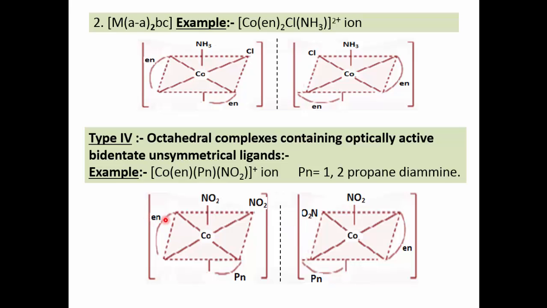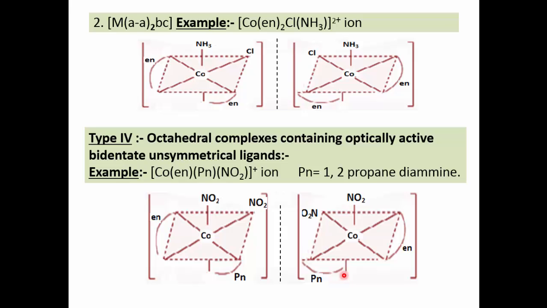There is a change in position of ethylene diamine from the fourth and fifth positions. It is transferred to the second and third positions. Similarly, PN, 1,2-propane diamine, from the third and sixth positions is transferred to the fourth and sixth positions.